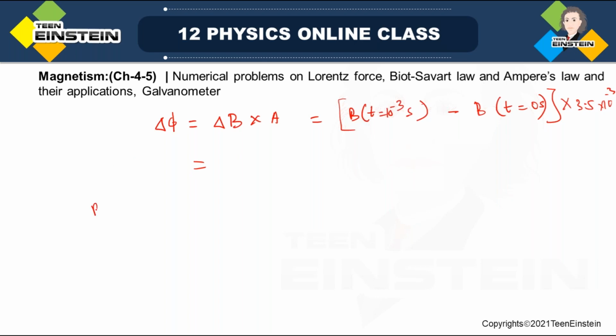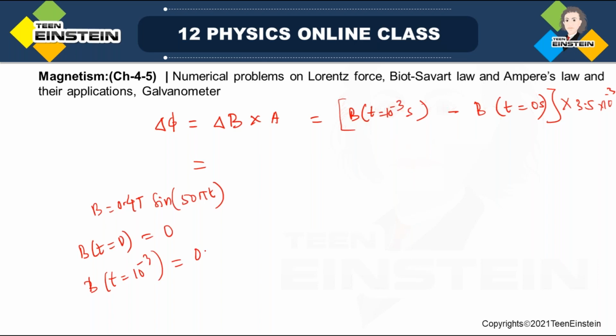B was given as 0.4 Tesla into sine 50 pi t. Now let me find out when t is equal to 0. This will be 0, because t equal to 0 means sine 0 is 0. When t is equal to 10 to the power minus 3, let us see what happens.